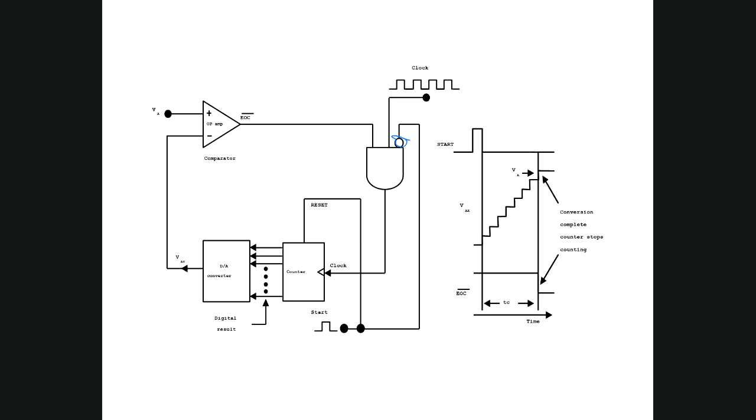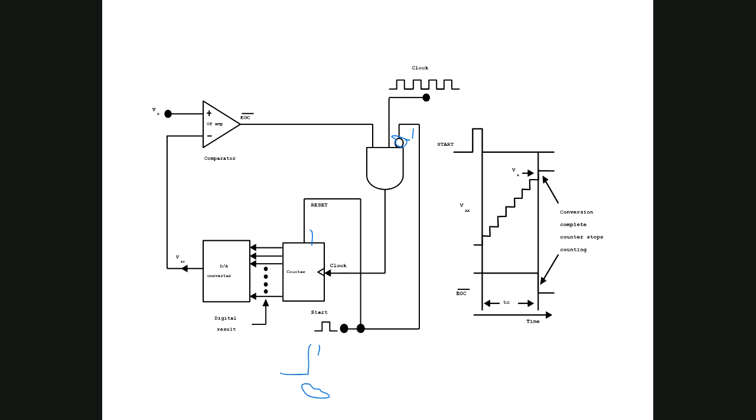So when this element goes from 0 to 1, this is start. This one is going to 2 places. This is going to 1 here and it will come 1 here. When this one comes here, this will reset the counter, so the counter will be all 0.